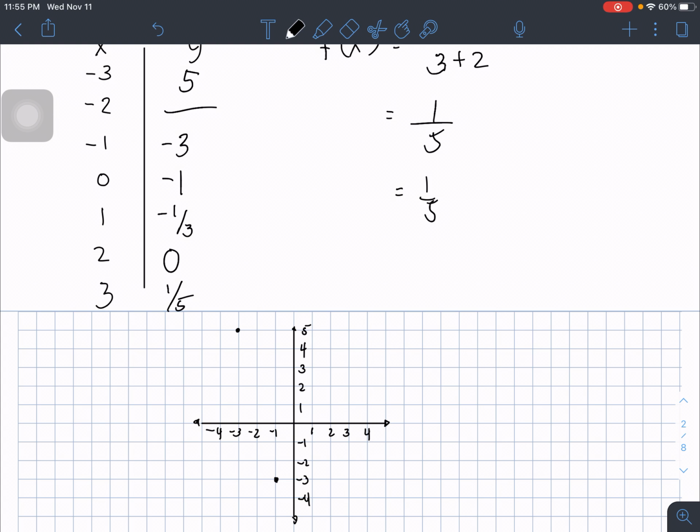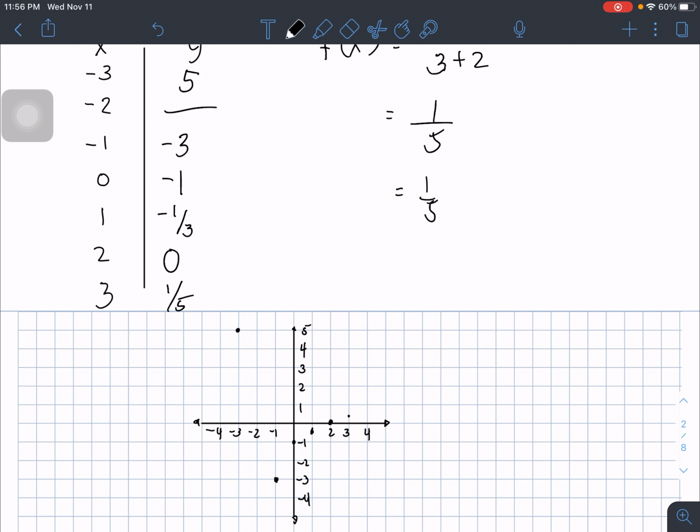So if x is equal to 0, we will be having negative 1. If x is equal to 1, we will be having -1/3. If x is equal to 2, this will be 0. And if x is equal to 3, we will be having 1/5.